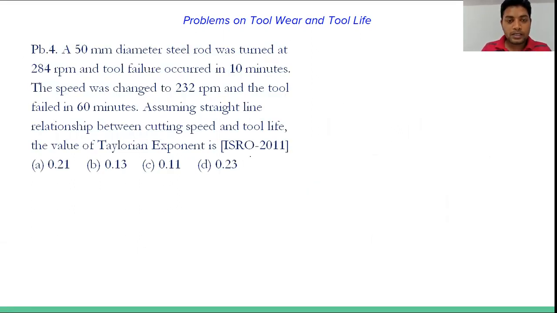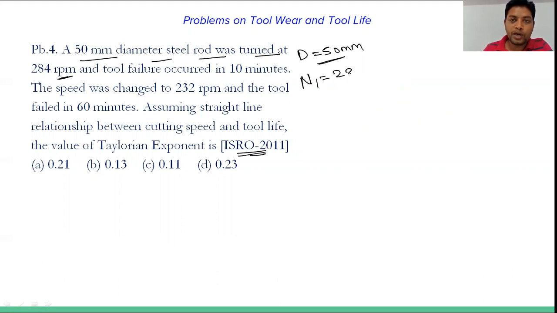This problem has been asked in ISRO 2011. A 50 mm diameter steel rod was turned at 284 rpm. Initially the diameter of the machined rod is 50 mm, and the rotational speed is 284 rpm. The tool life for that is given as 10 minutes.